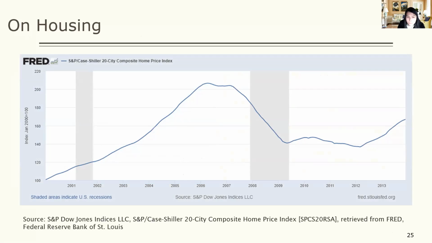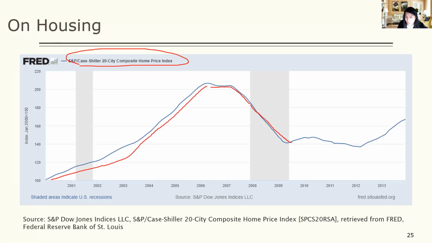This housing index is similar to a consumer price index. It tells you the value of the houses in the US. Up until the crisis unfolded, the house value in the US was increasing. It started to decrease around early 2007, and it just kept going down up until 2009.